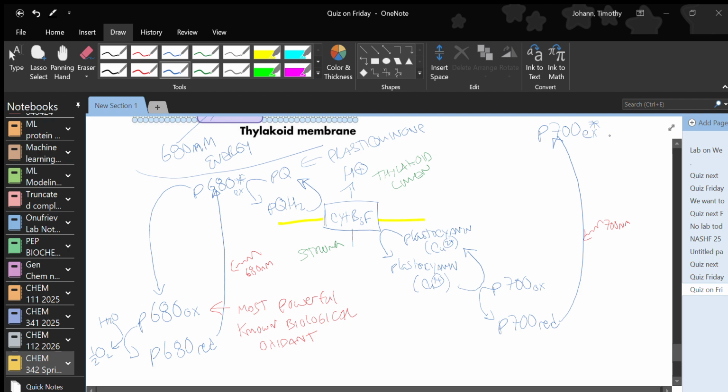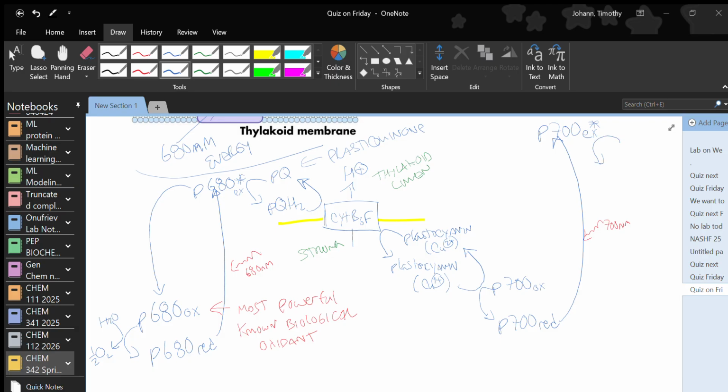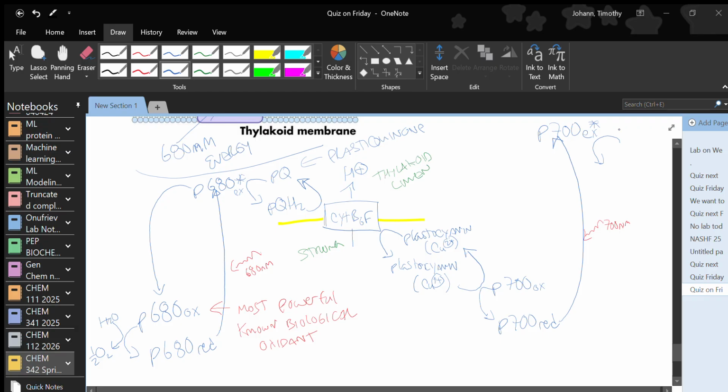And then we're going to have these interact with something called ferredoxin, which is an iron and sulfur containing protein. It is complex. It's not as simple as +3 to +2. So I'm just going to do oxidized and reduced here.